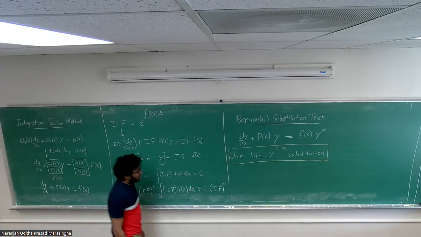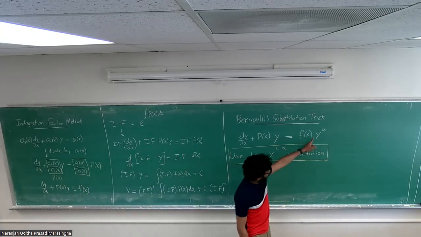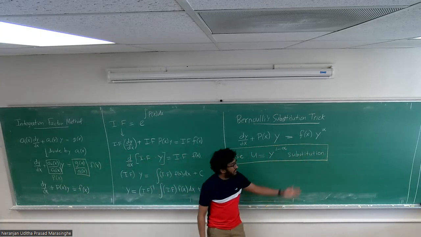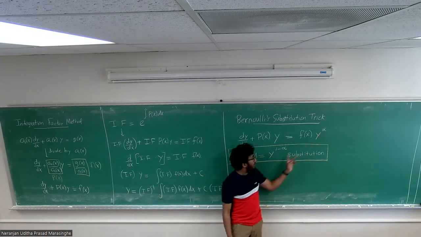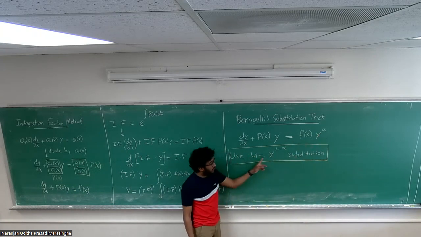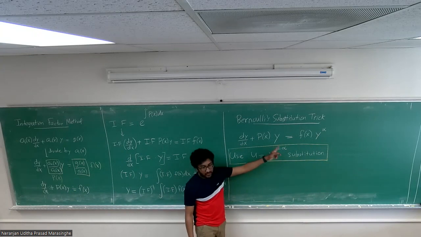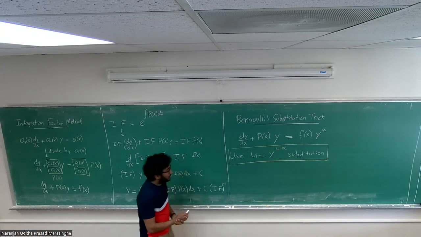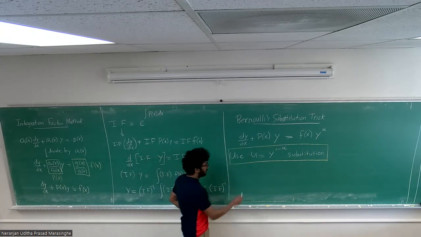So if you see some power of y, you can use this substitution, right? For example, suppose alpha equals 2, then the substitution is going to be u equals y to the power 1 minus 2. Okay, right.